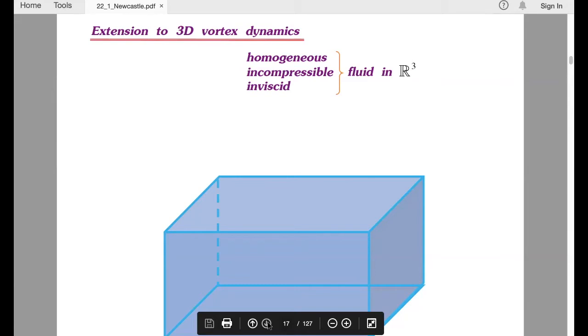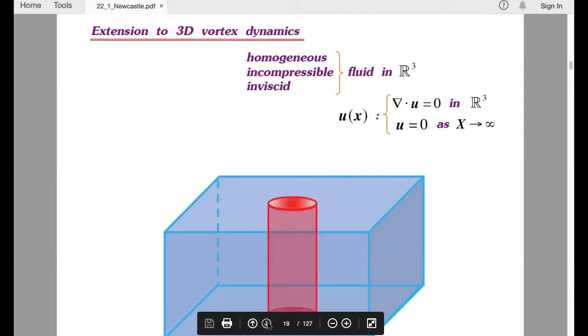So imagine that we have an infinite domain represented by this box, and this blue color represents a fluid that is homogeneous, incompressible, and inviscid. And then we take a velocity field u as a function of a vector position x, and we assume, because of incompressibility, divergence of u equals 0, and eventually the velocity going to 0 at infinity.